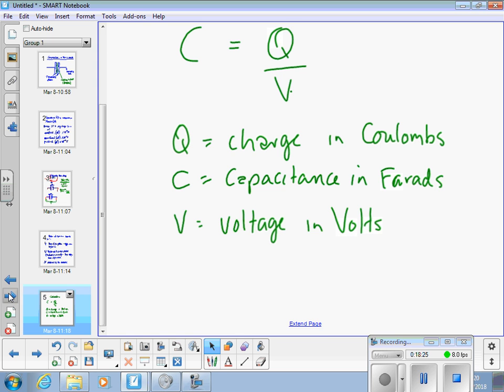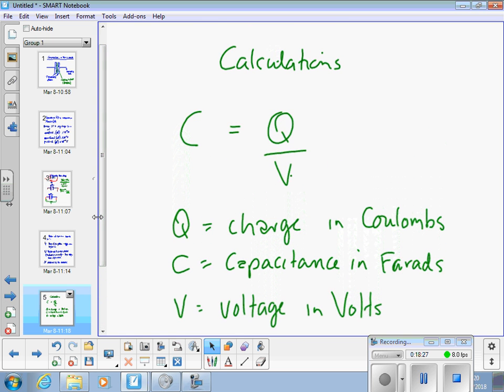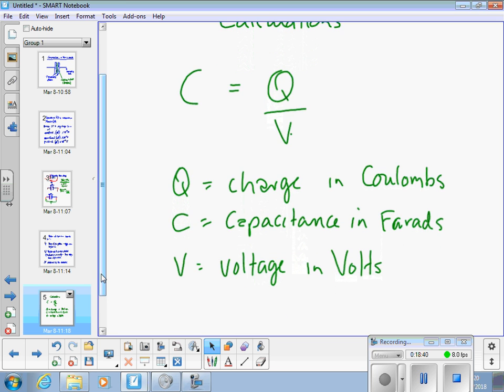So it's a bit like an Ohm's law style equation. If we know two of those quantities, we can find the third one. What you find is that charge values are quite often millicoulomb level values.